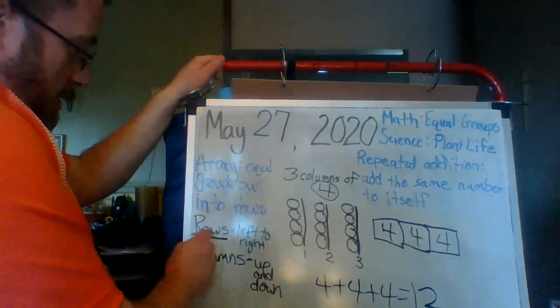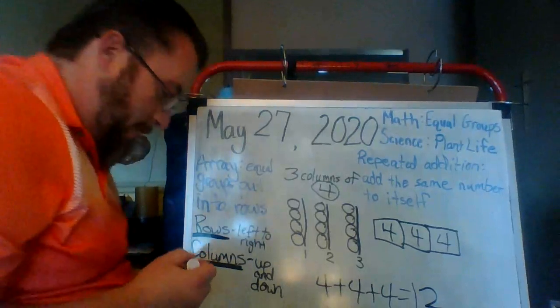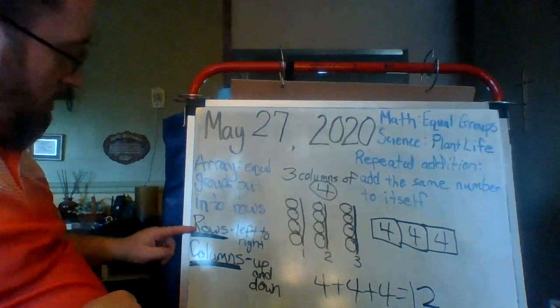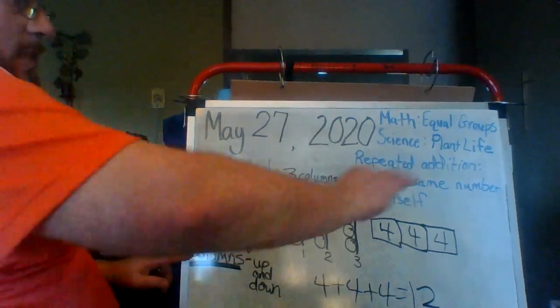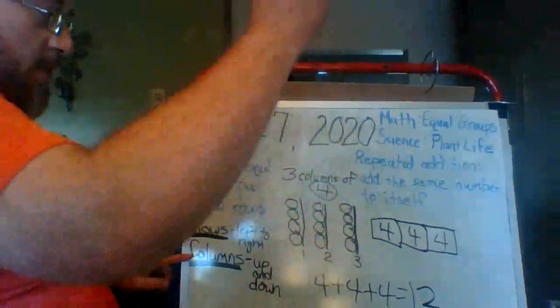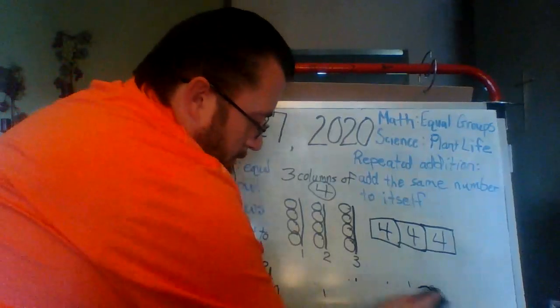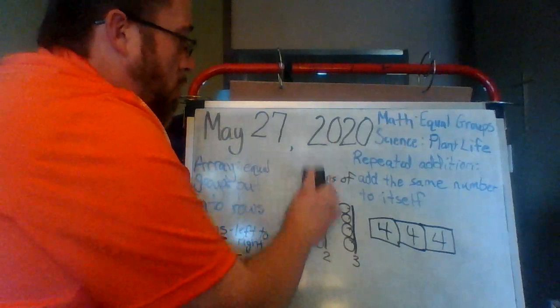So just make sure that you're keeping track of the difference between rows and columns. Rows always go left to right. Columns always go up and down. Let's practice one more. And let's do rows this time.